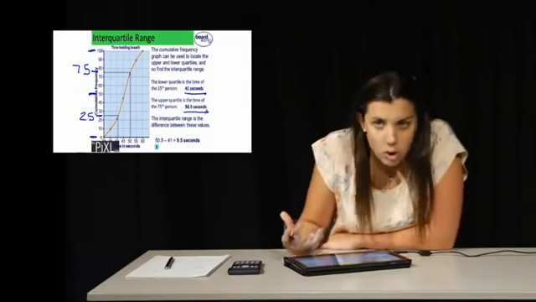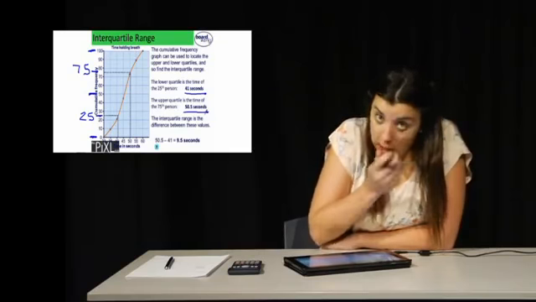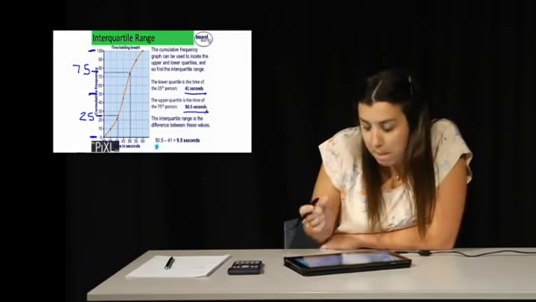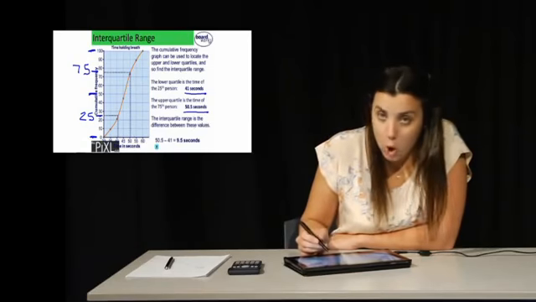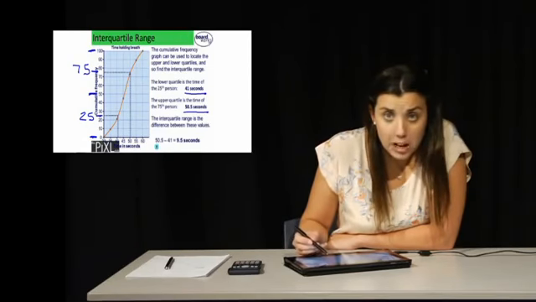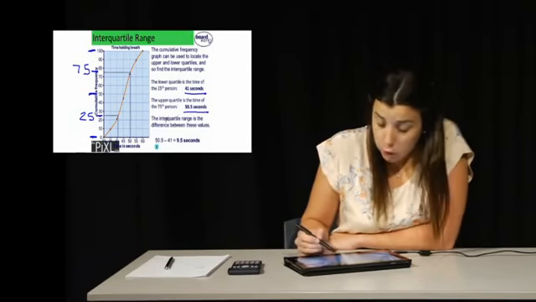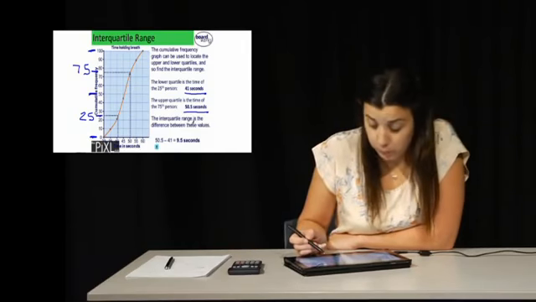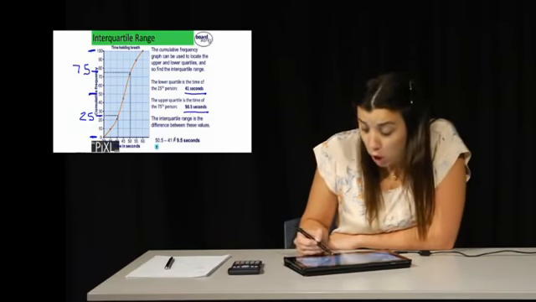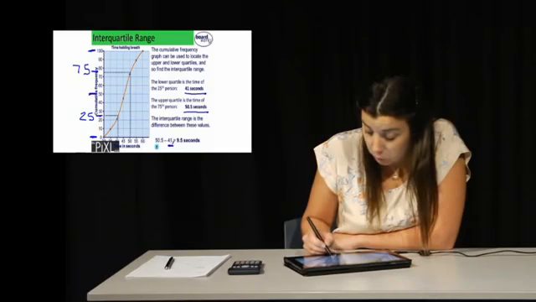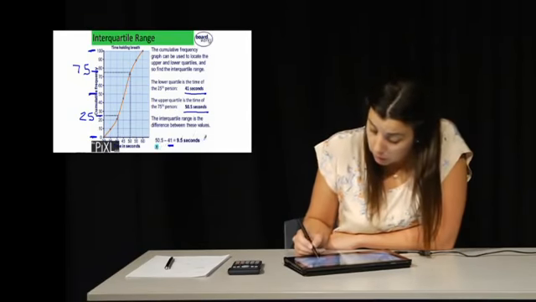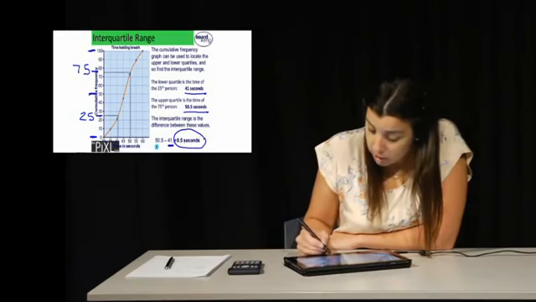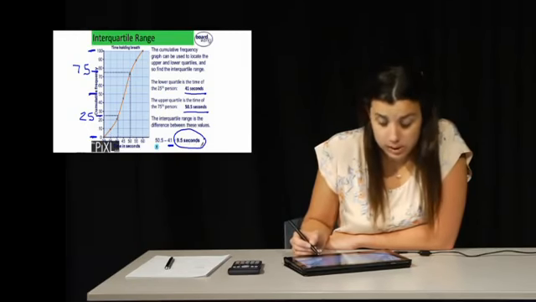You might get 51 or 50, depending on how you've drawn your graph slightly, but there will be a margin where you can be in for the answers. Once you have your upper quartile and your lower quartile, you can work out the interquartile range by subtracting your lower quartile, 41, from your upper quartile, 50.5, which gives you the value of 9.5 seconds.